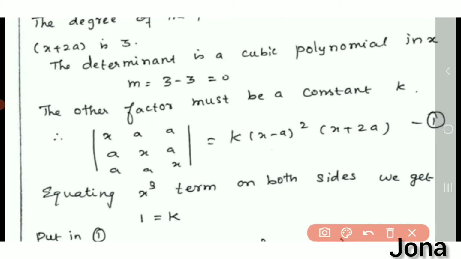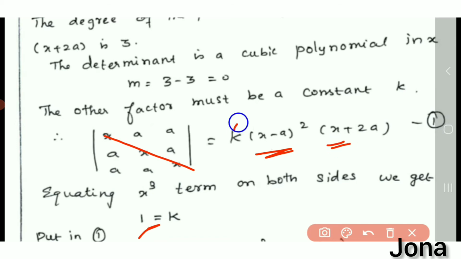On the left hand side, x into x into x is nothing but x cube, and the coefficient is 1 only. And on the right hand side also, if you expand (x minus a) the whole square by the a minus b the whole square formula, we get x square, and then with one x, x square into x is nothing but x cube.